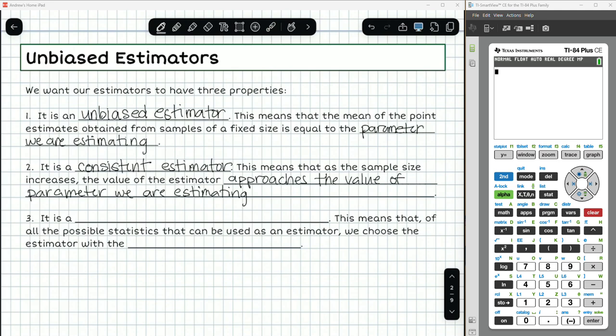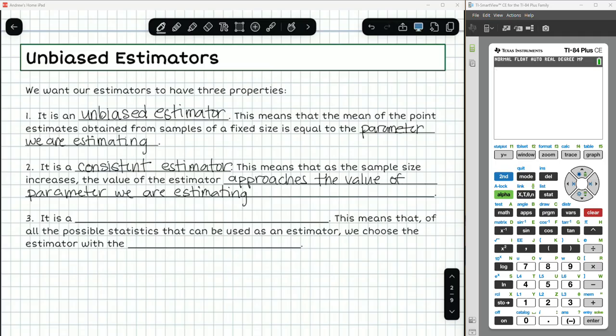What that means is I know that if I have a population of 1,600 students and I collect a sample of size 20, that sample mean is probably not going to be an accurate representation of the population mean. But as I make that sample size bigger, 50 students, 100 students, 150 students, 300 students, the bigger that sample size, the closer that sample mean will be to the population mean I'm trying to estimate. So bigger sample size means that sample statistic is getting closer and closer to the actual population value.